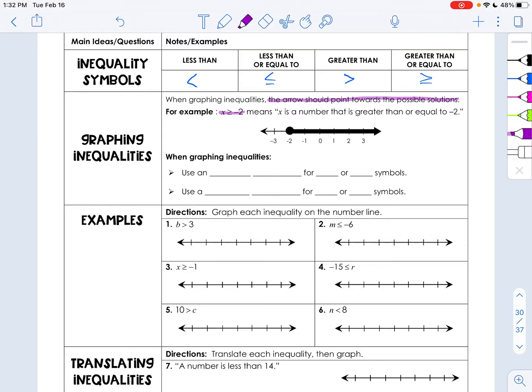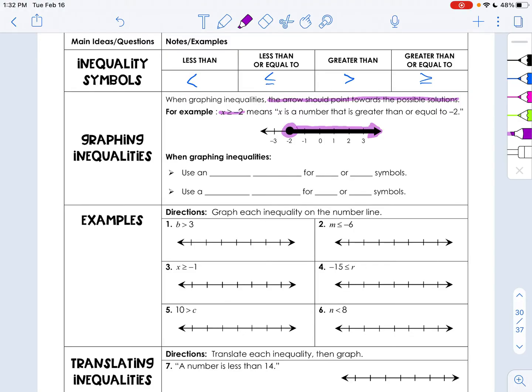First, we use a circle at -2. That particular circle is called a closed circle because this inequality statement includes -2. x is greater than -2, so it's any number to the right of -2, which is why our arrow is pointed to the right.